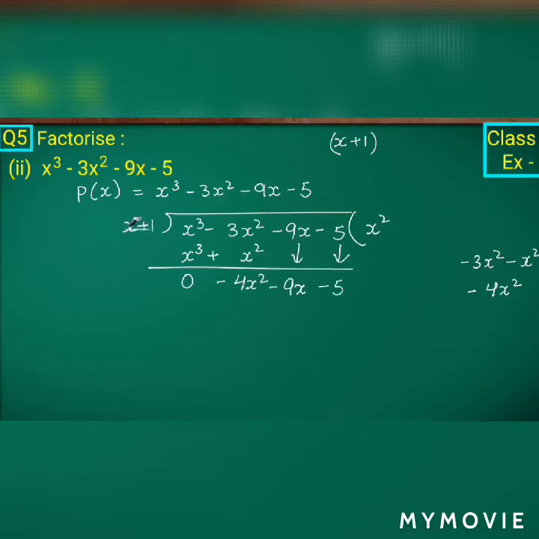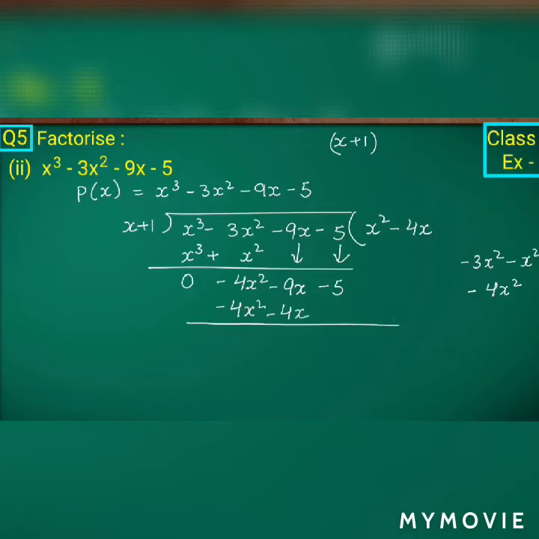Now we have to cancel the term minus 4x square, isn't it? To cancel the term minus 4x square, what term do I have to take? That is minus 4x, isn't it? Minus 4 into x is minus 4x square. Now minus 4x into plus 1 is minus 4x.